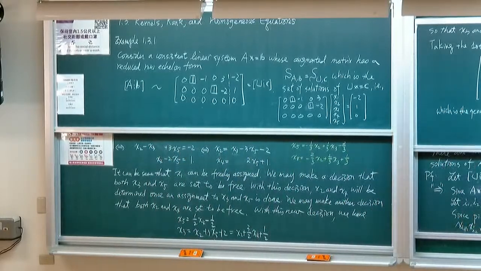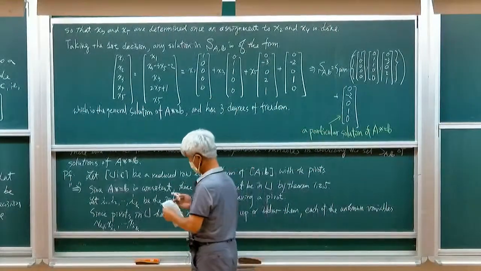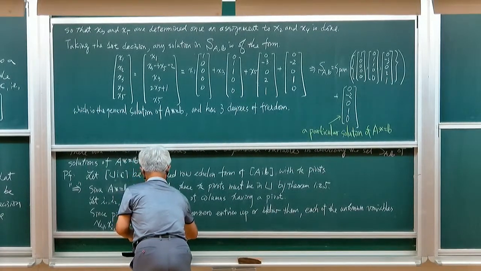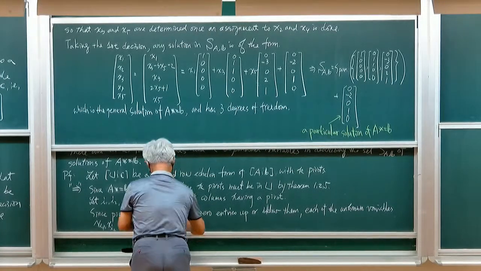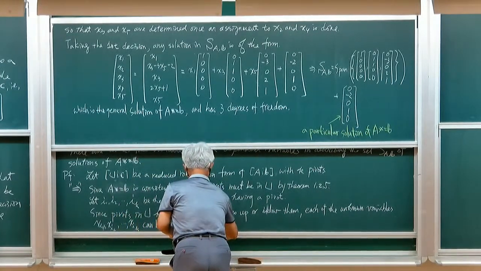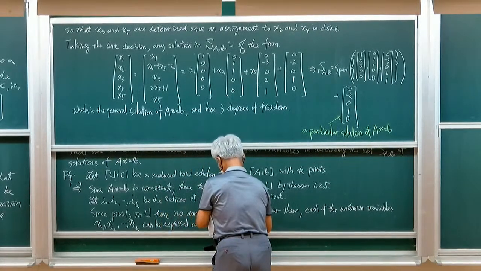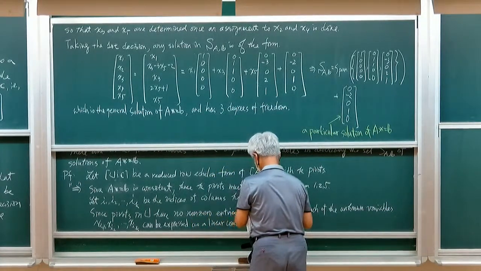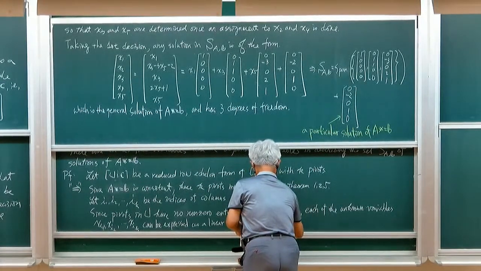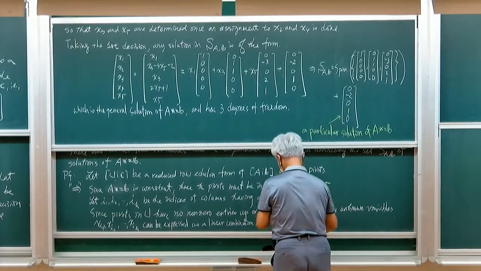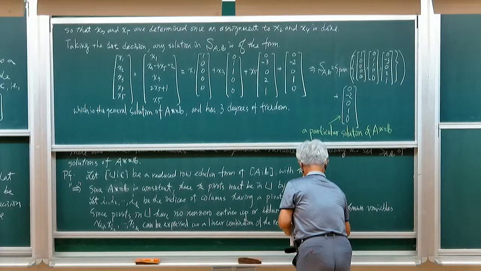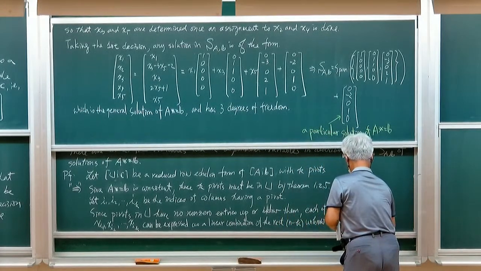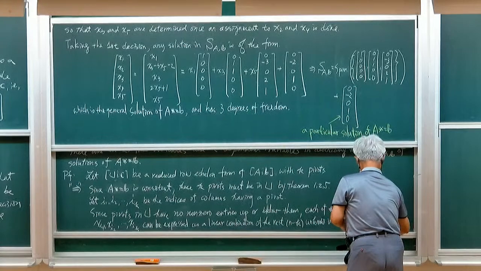So each of the unknown variables can be expressed as a linear combination of the remaining n minus k unknown variables x_j, where j is not equal to i1, i2 up to ik.